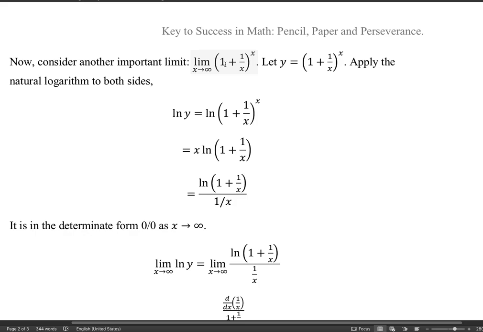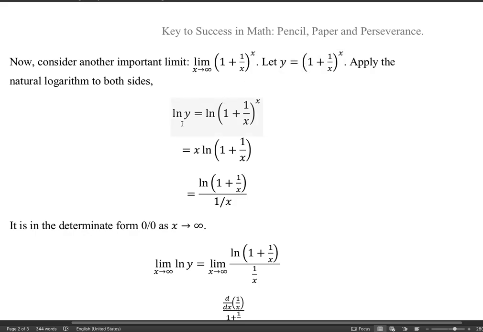So to figure out this limit, I did something a little unusual. Okay. And the way I did it here is, first of all, I take out the expression for the limit part as a function. And then I apply the natural logarithm to this entire thing.